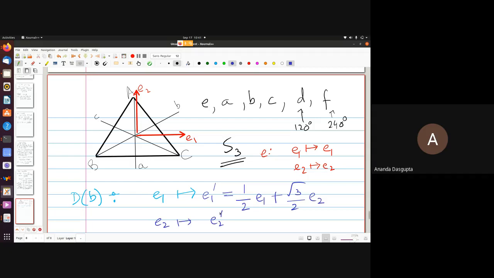E2 becomes E2 prime, which, by the way, you can figure out by saying E2 made an angle of 60 degrees with B, so after reflection it is going to make an angle of 120 degrees with the original E2, and you can use sine and cosine again. But the other way to do it is you would simply realize that before the reflection the two vectors were perpendicular. After the reflection again the two vectors will be perpendicular, right? And this is simply what you're going to get, root 3 by 2.